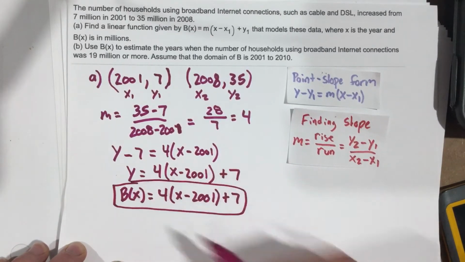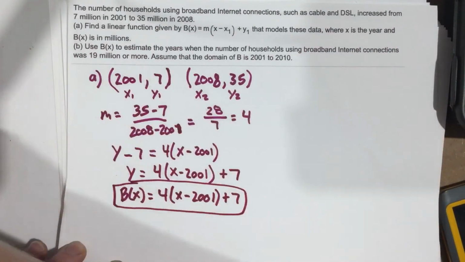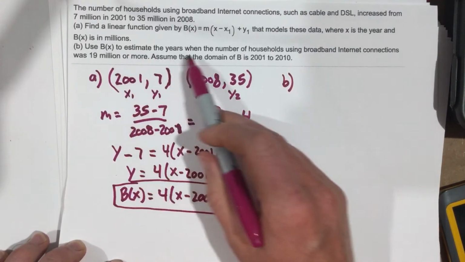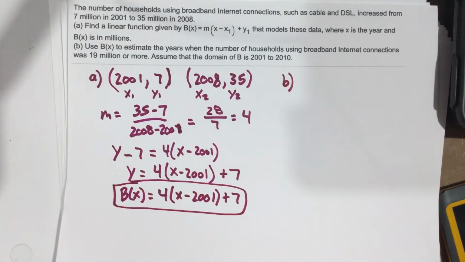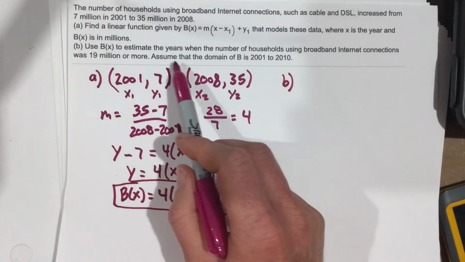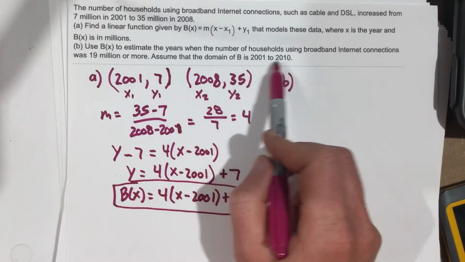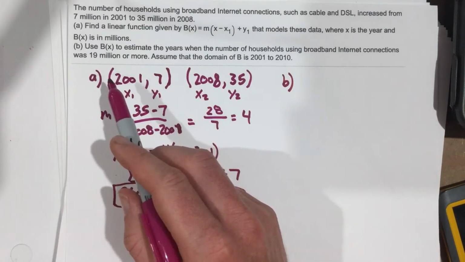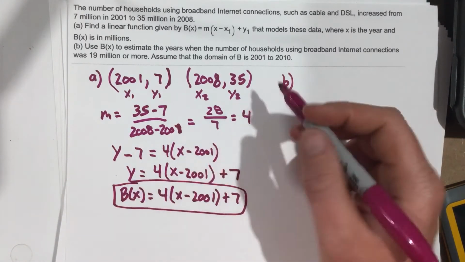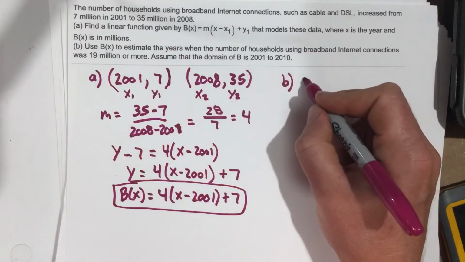Part B then, we're going to get rid of these. They say use b of x to estimate the years when the number of households using broadband internet connections was 19 million or more. Assume that the domain of b is between these two numbers. Okay, more than 19 million. So we're going to use b of x. We know that's 19, so we're going to say 19.